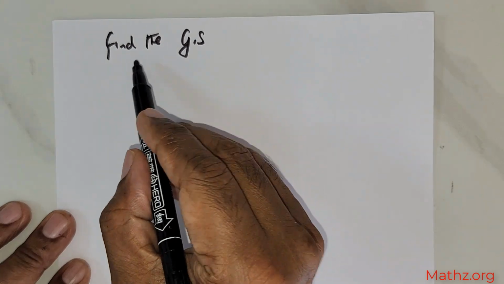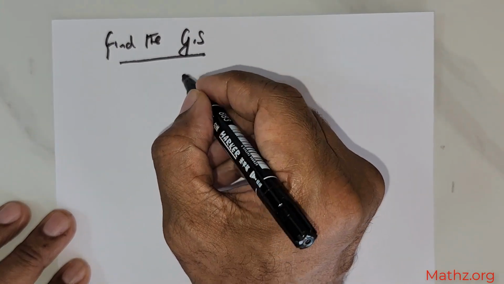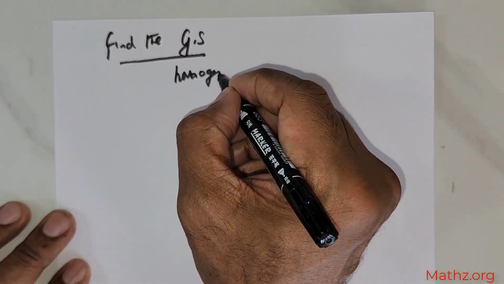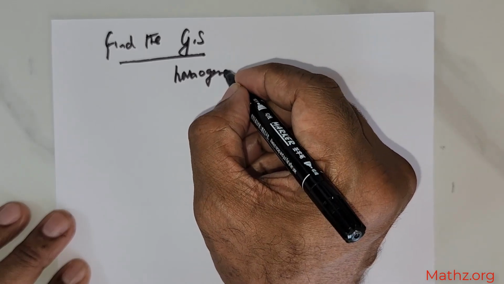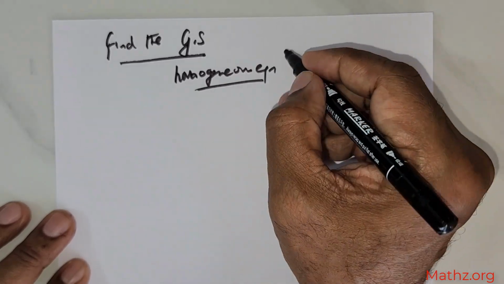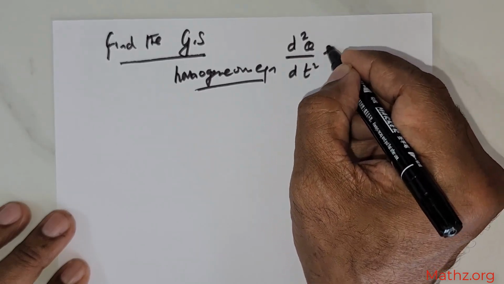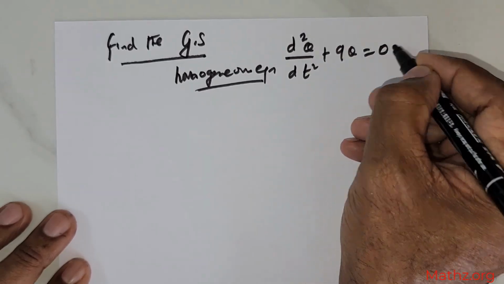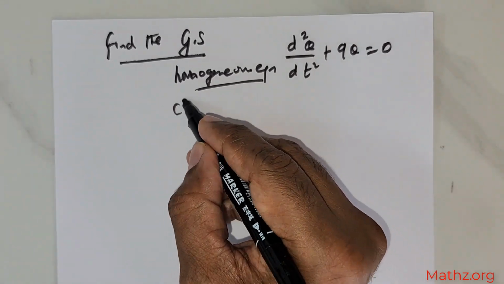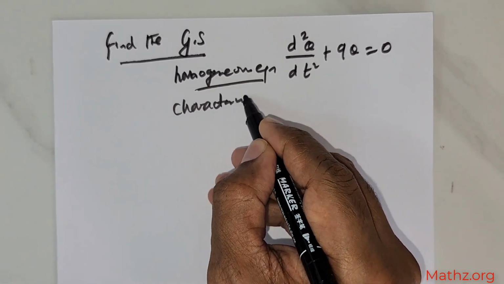Now next we are asked to find the general solution. So for that we need to solve the homogeneous equation. So what is that? That is d squared theta divided by dt squared positive 9 theta is equal to 0. Now we need to get the characteristic equation.